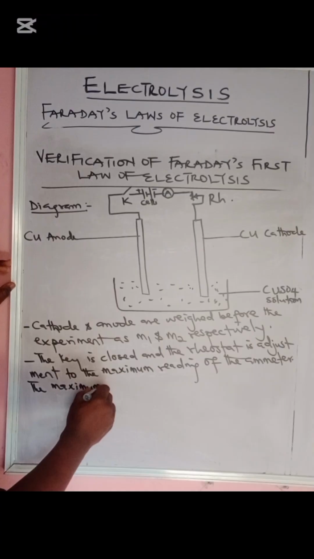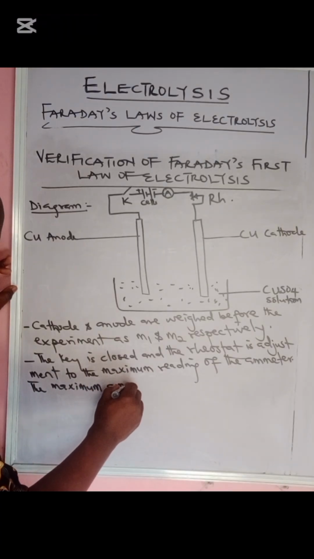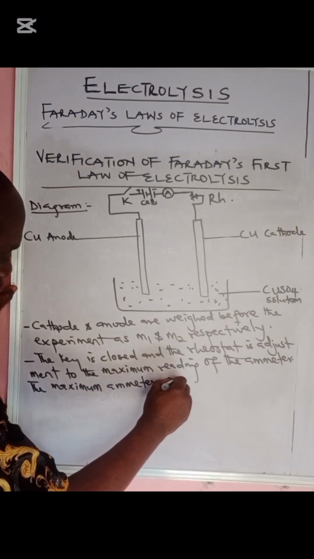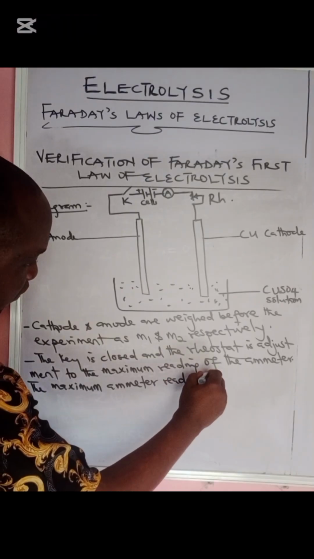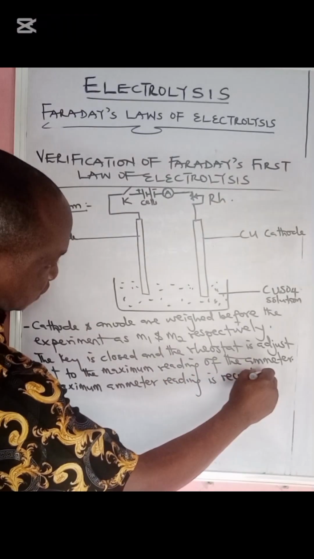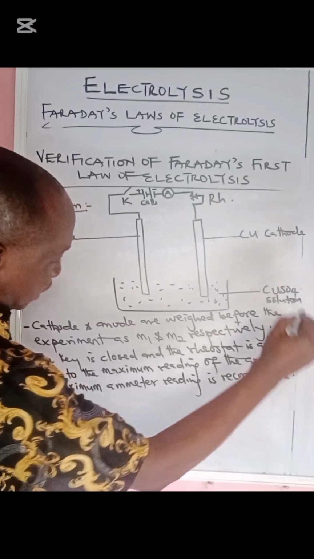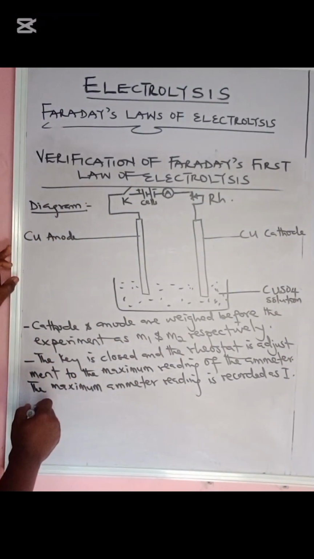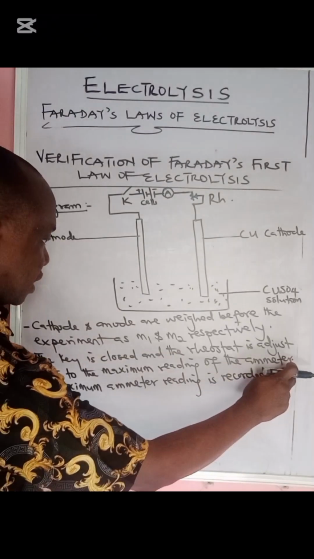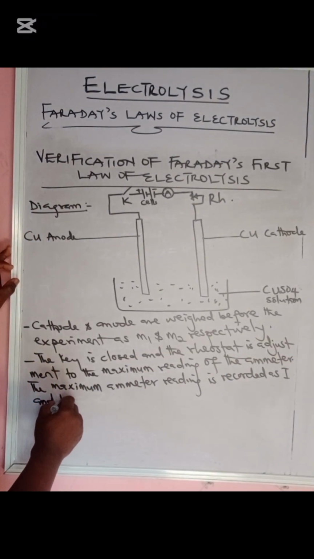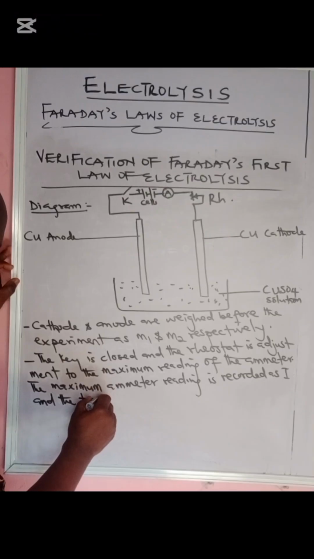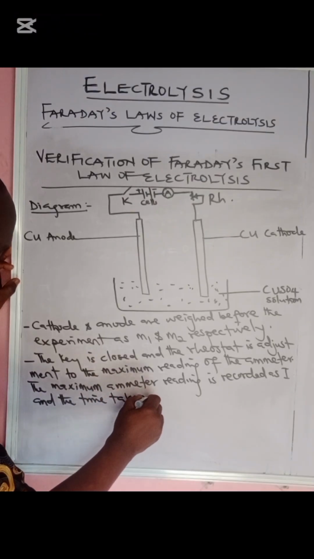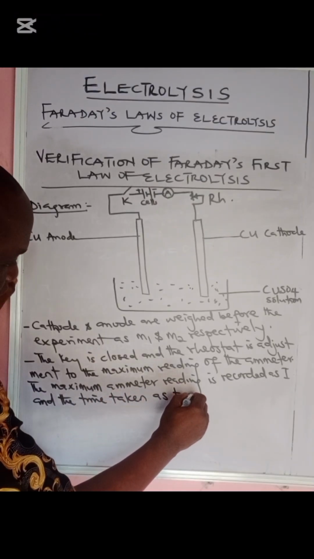So the maximum ammeter reading is recorded as I, and the time taken as t in seconds.